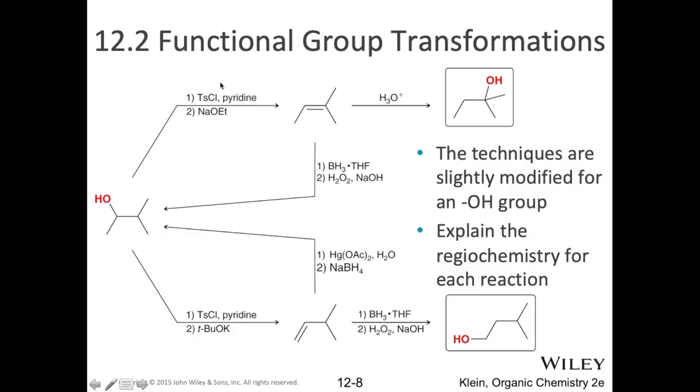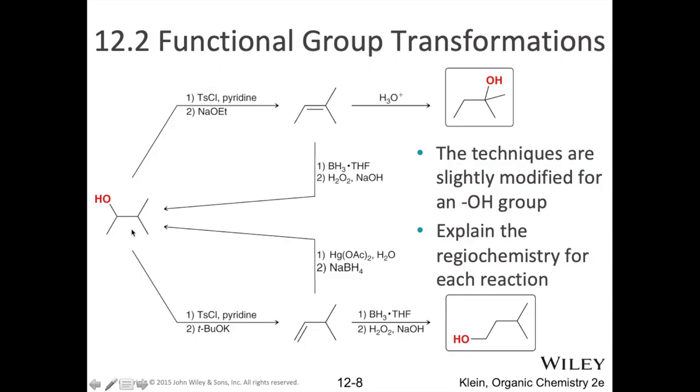Basically, just to jog your memories, instead of having that OH be the leaving group, the oxygen is a nucleophile that kicks off the chlorine on a tosyl chloride, and it makes an OTs leaving group, which is a great leaving group. The byproduct, by the way, is pyridinium chloride. So the pyridine, the hydrogen over here, and the chloride all crash out of solution as a salt.